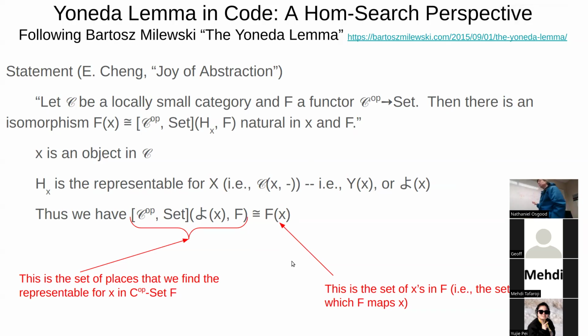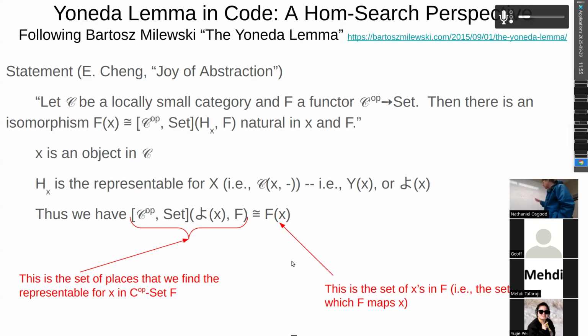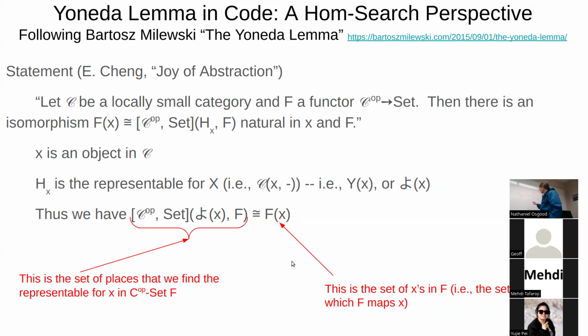There's a key result called the Yoneda lemma, which is incredibly deep. Some people argue it's the single most insightful thing that's come from category theory yet.